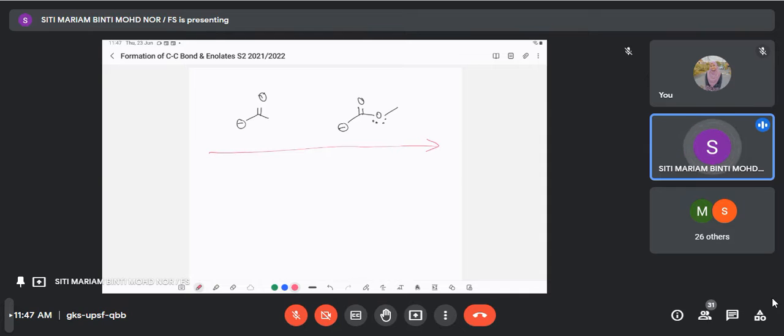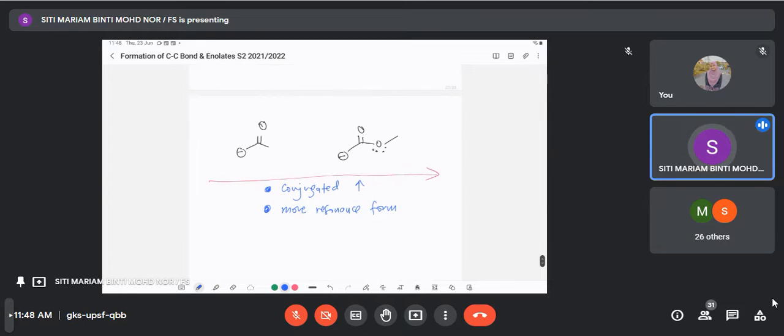If you compare these two structures, what I want to highlight here is that conjugation increases from the left to the right, because the structure on your left has only one side, while the structure on your right has two sides of conjugated system, the left side and the right-hand side. So if you have more conjugated system, it will form more resonance forms, like before.